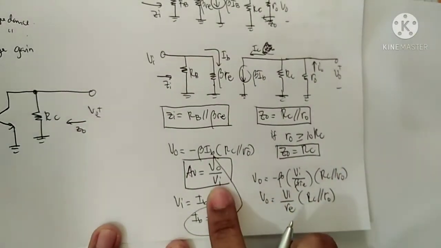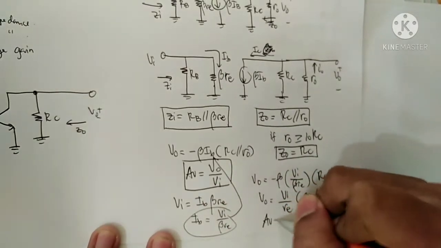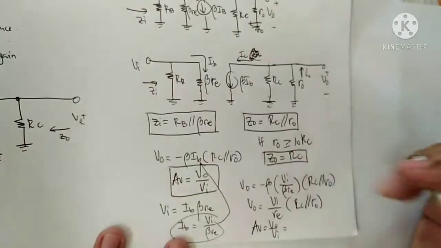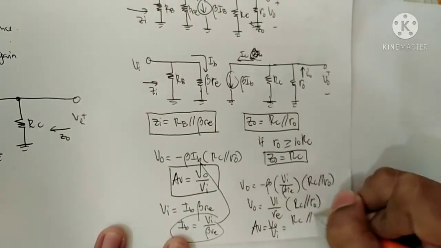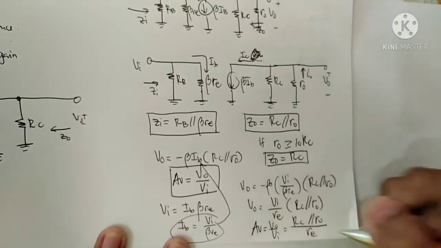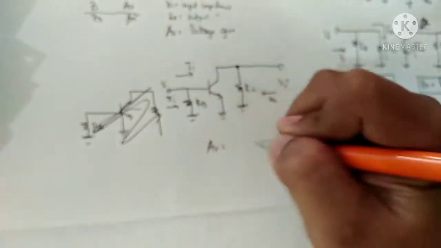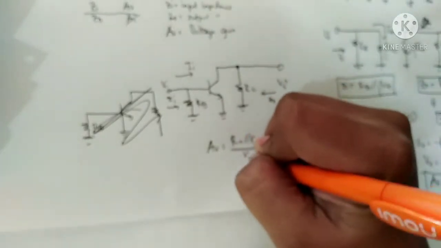Since the voltage gain is the ratio between V out over VI, therefore AV, V out over VI, is equal to RC parallel RO divided by RE. That's the formula. So voltage gain is equal to RC parallel RO divided by RE.